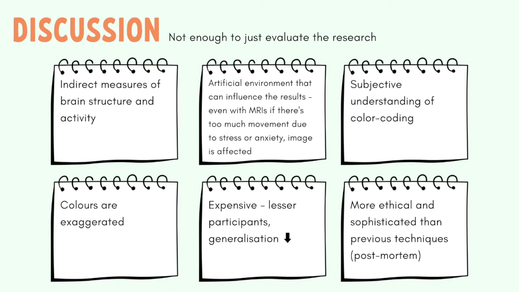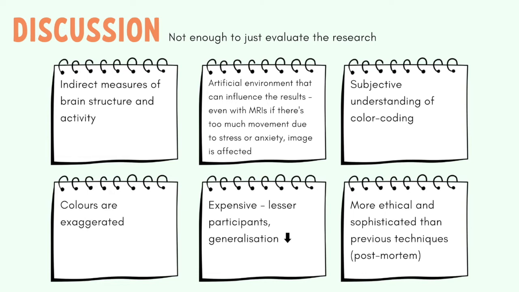This is kind of an area of uncertainty when it comes to brain imaging. Okay, because these are indirect measures, there is a certain degree of assumption that yes, these are indicative of the structure and the function or the activity of the brain. As mentioned in the previous slides, fMRIs are influenced by artifacts and the artificial environment.